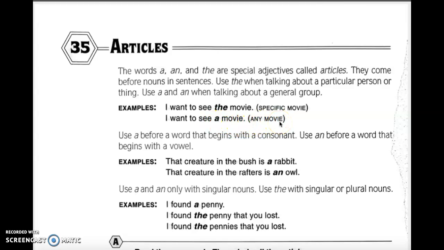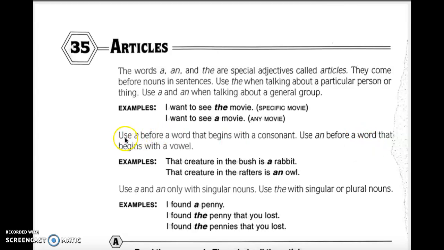In that case, that's not specific, okay? It's a very big difference with such tiny little words. All right, that's all articles do. They point things out. The is used when you're talking about something specific, and a and an are used when you're talking about something that's not specific, something that's just a general thing, okay?